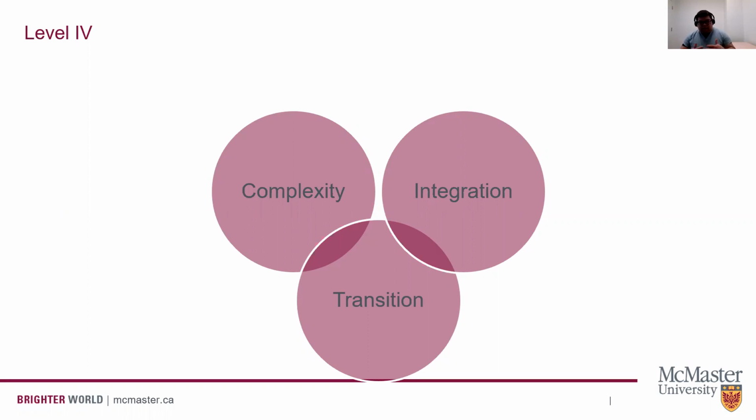So complexity, exploring concepts and topics and recognizing how complicated it can be, and how it can be very multifactorial. We're looking at integrating all of the knowledge that you've acquired in your previous learning, as well as the theme of transition, where we're looking at transitioning to the workforce and your entry to practice as a clinician.